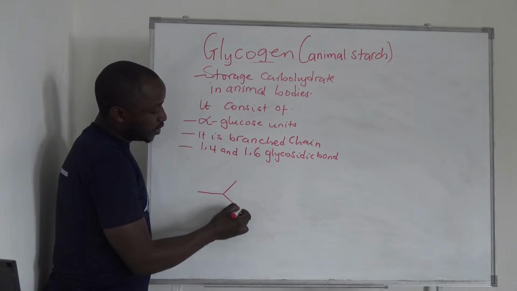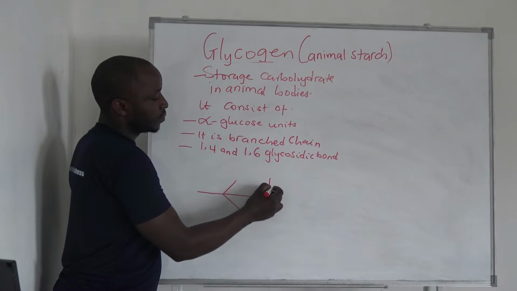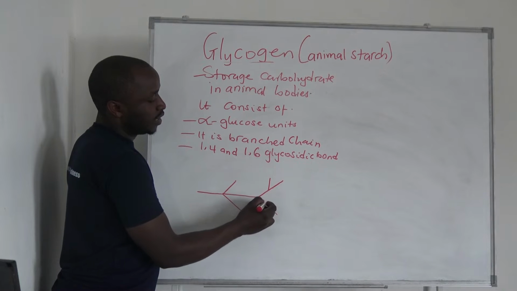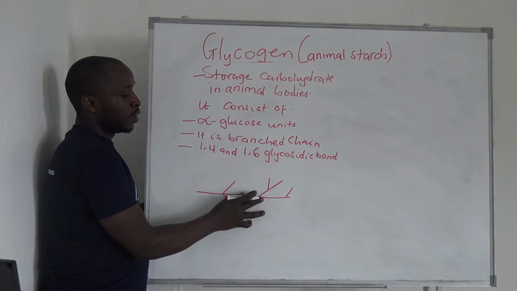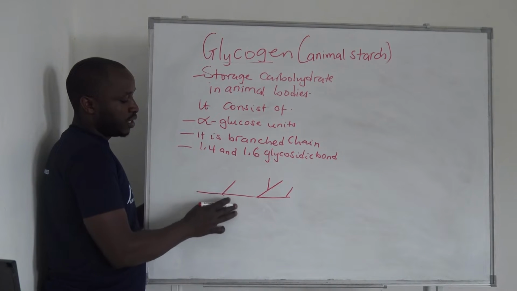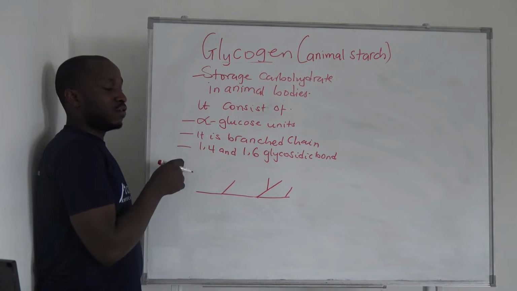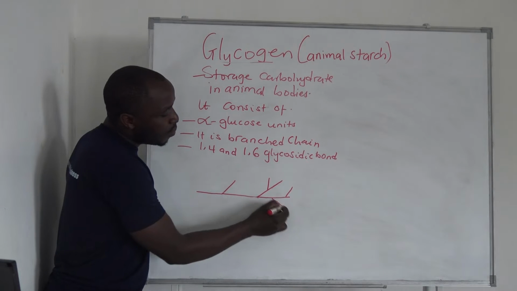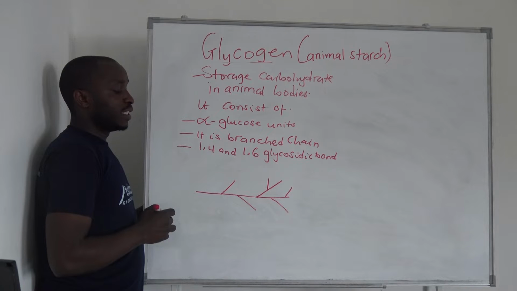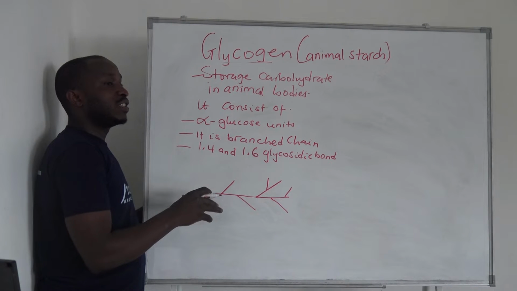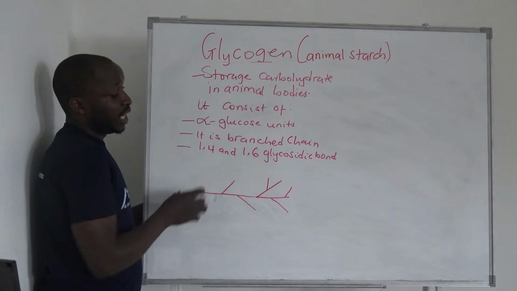Which polysaccharide have we said has branches like that? The polysaccharide amylopectin, a form of starch, is also branched to this level, but glycogen is over-branched. It has very many branches, but the properties in terms of bonding between amylopectin and glycogen are the same.